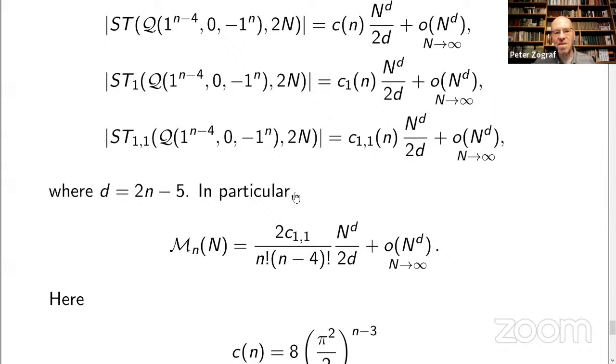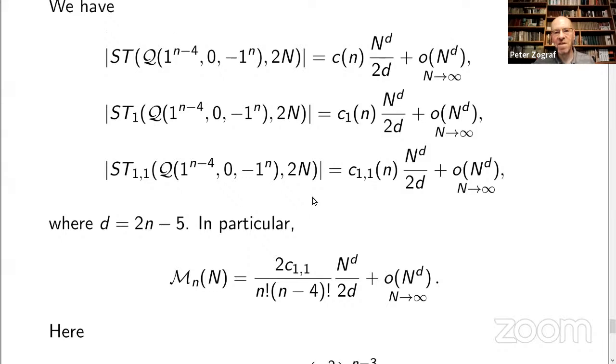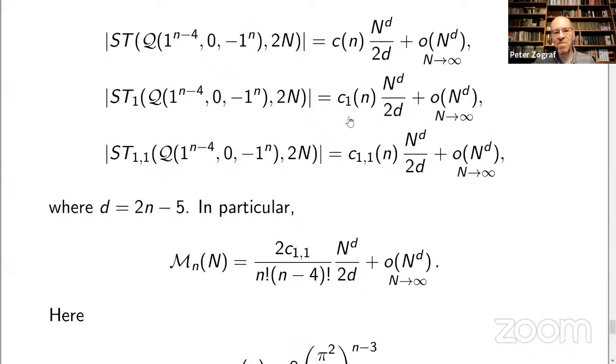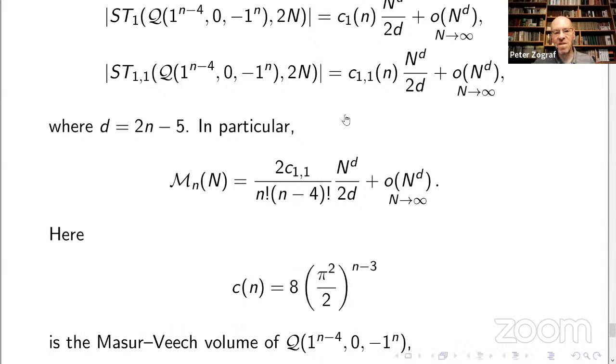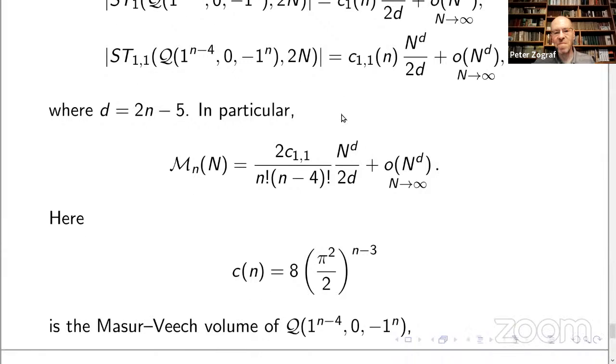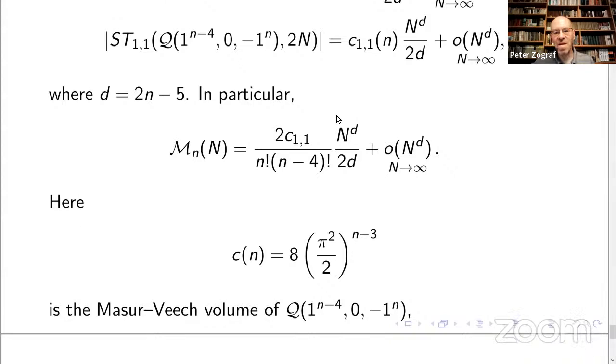We cannot access this constant directly, but we can do that in an indirect way. We can evaluate the constant C of n and C1 of n. C of n is just the Masur-Veech volume of the principal stratum in the space of quadratic differentials of genus 0 and n simple poles.